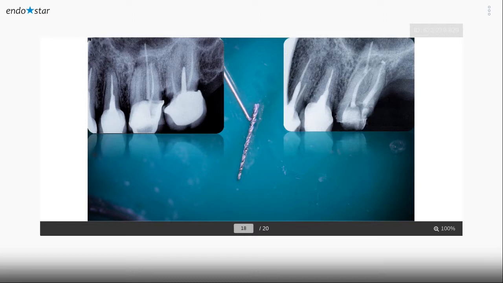Look at this file fragment. It was very big, and as you can see, as we already mentioned, a small edge was created in this area. We always need to think whether our attempt to remove the file is going to remove too much dentin.